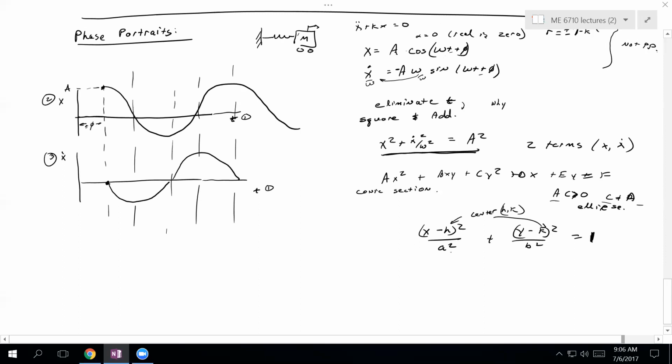A squared and b squared give me the dimensions of my ellipse. If it were a circle, A would equal B, and they would be the radius. For an ellipse, I need to leave my A and B out here.